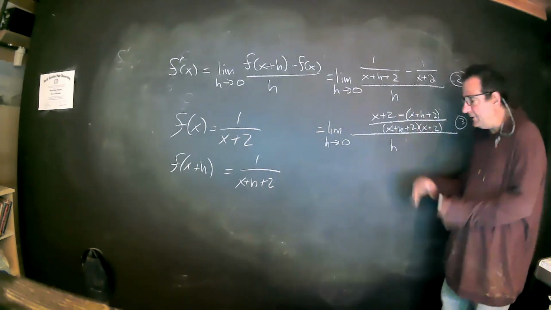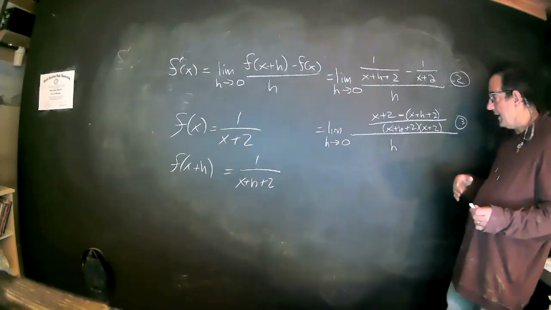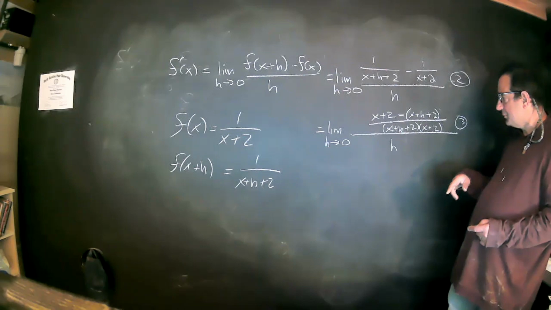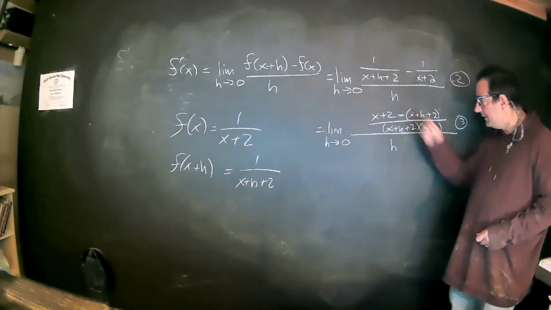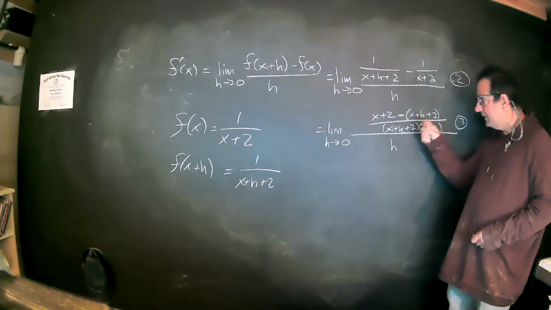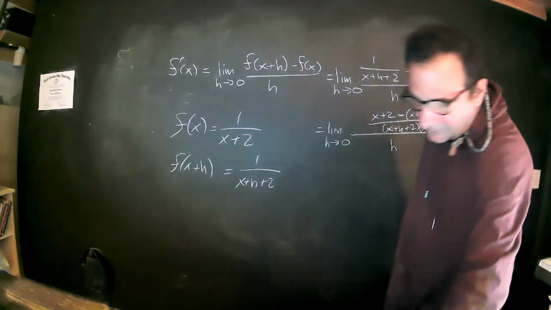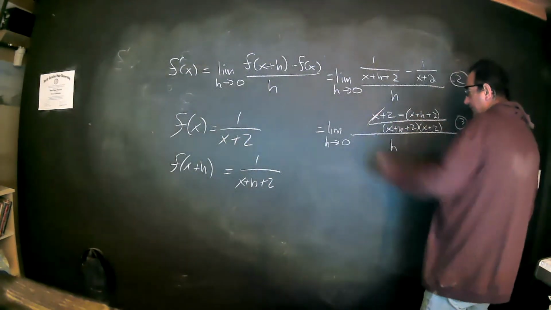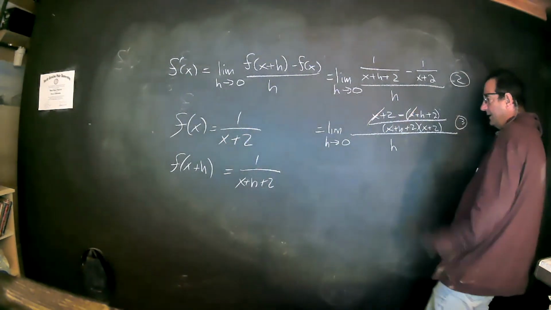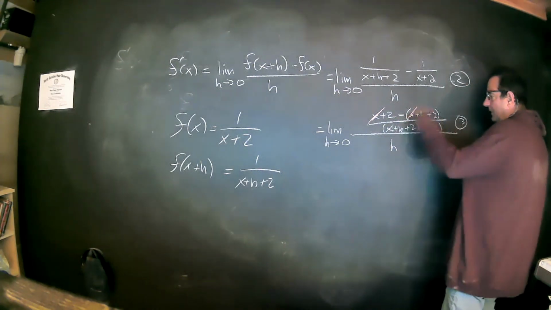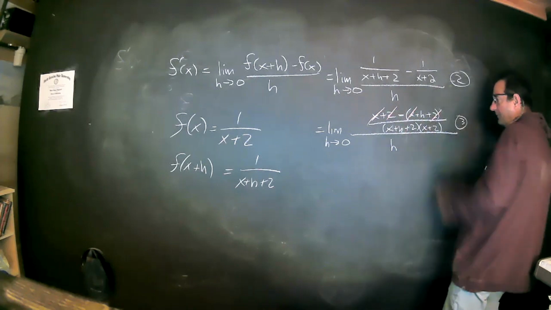Before we deal with the division by h, let's clean this up a little bit. You see, we're going to have some cancellation. If I distribute this minus sign, we get negative x. So this x is going to cancel with that x. Now this 2 here is going to cancel with this 2 because the negative sign is going to distribute.